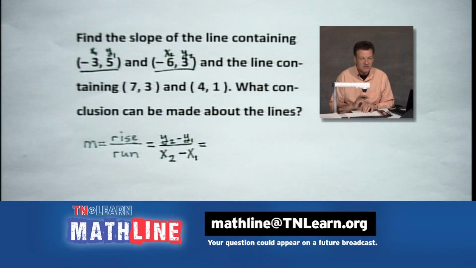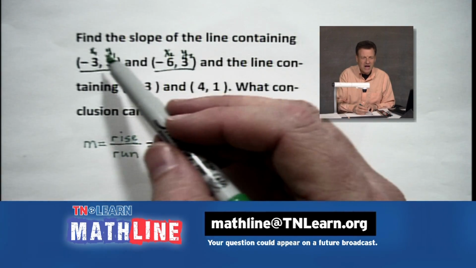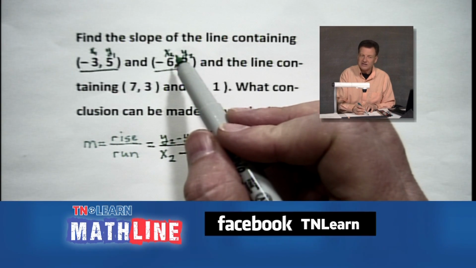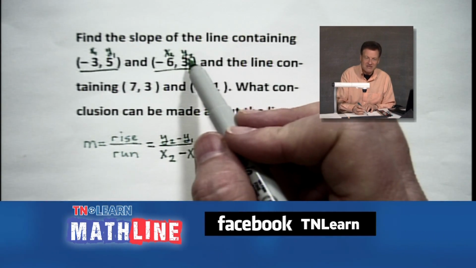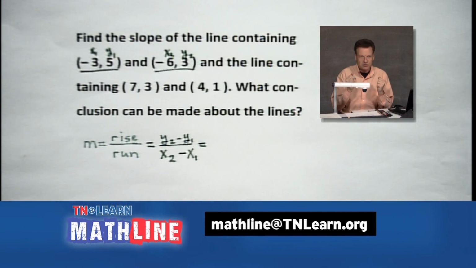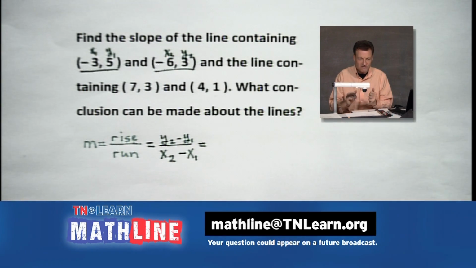That means first x, first y, and the second x and second y. The 2 doesn't mean square it. So be careful. We're not going to square any numbers on this. We're just going to work straightforward subtraction and see what happens with the fraction.